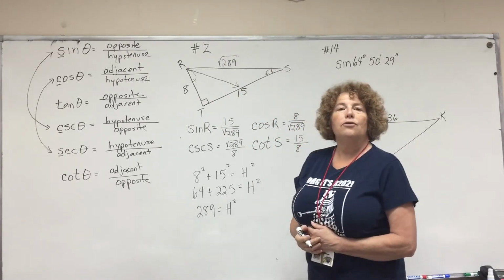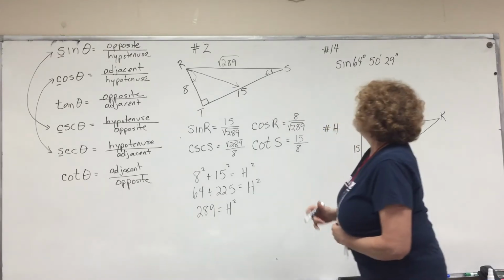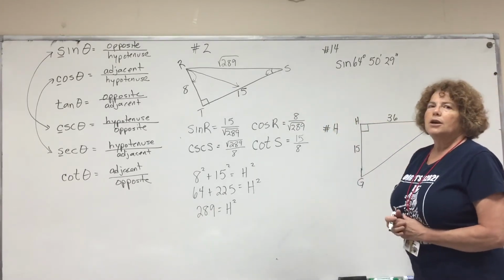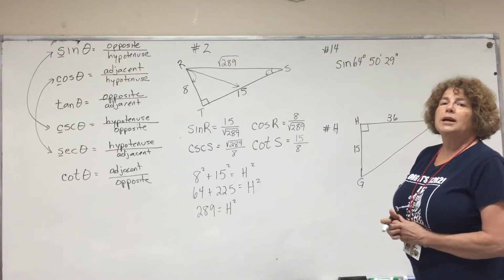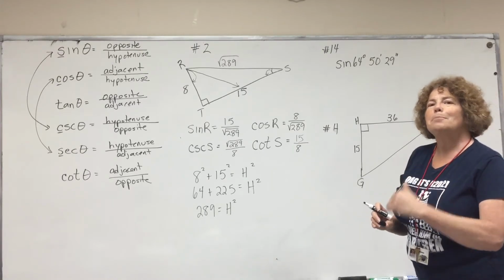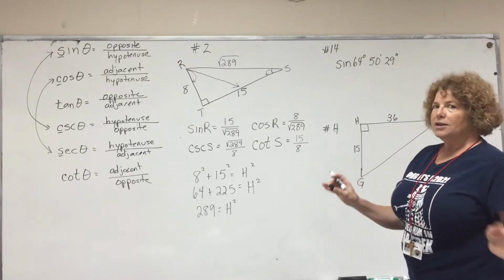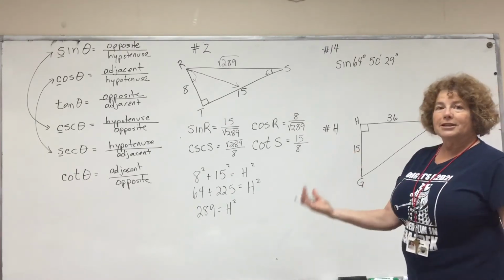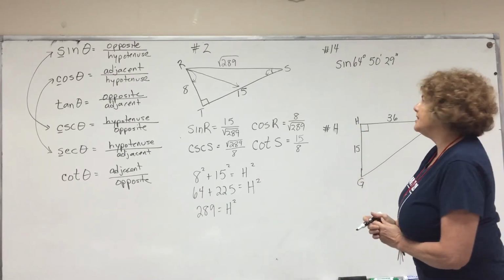So that's how you find the missing parts of a triangle. This one, you're not going to do this kind of stuff too much later in life, but it's always good to know that there are 60 seconds in a minute and 60 minutes in a degree. This is all from Babylonia, which is why it's all in 60s. That's how we get our time, our 60 minutes and 60 seconds and things like that.